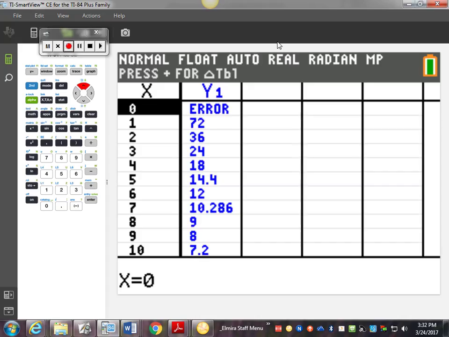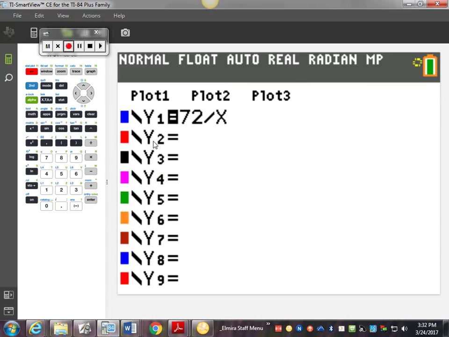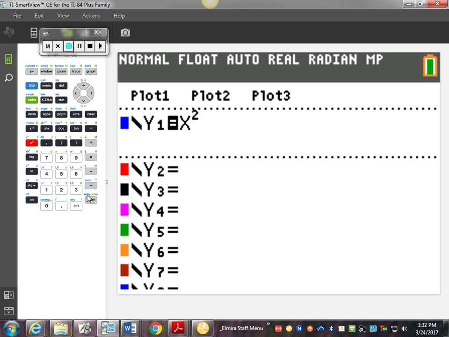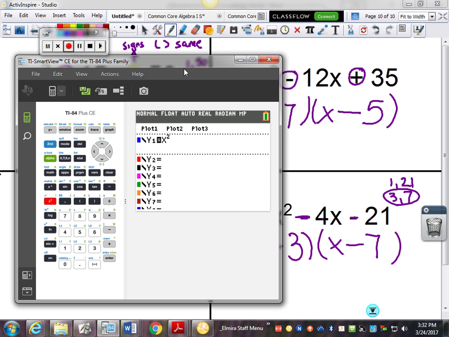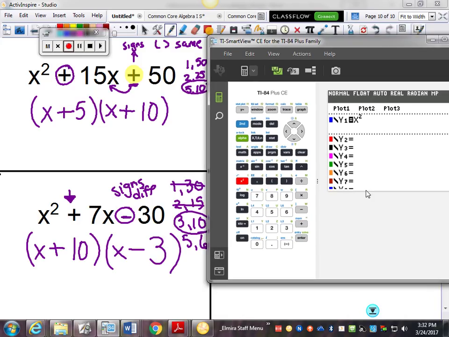Another hack I want to show you is if you are not sure if you factored something correctly. You can type in your original function. Let's do one I've got here. So x squared plus 15x plus 50, and then when I factored it, I said it was going to be x plus 5 and x plus 10.